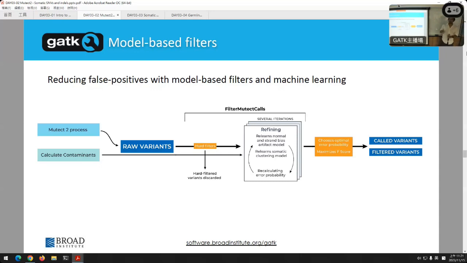It will allow it to better identify artifacts and filter them out. So a panel of normals is much better than no panel of normals, but the better you can match it, the better the results will be. And as he mentioned, there's also slightly different advice on copy number variants, but when we go over that later, he'll mention that particular use case.